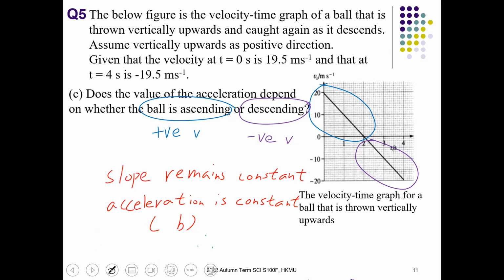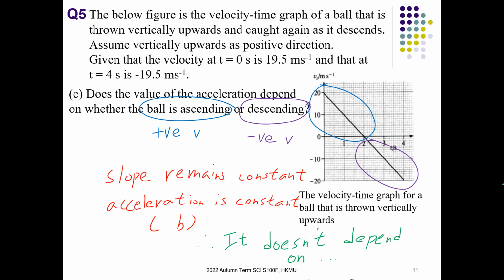Therefore, the answer simply is it does not depend on the scenario. Is it okay? If you have any questions, just feel free to interrupt me.